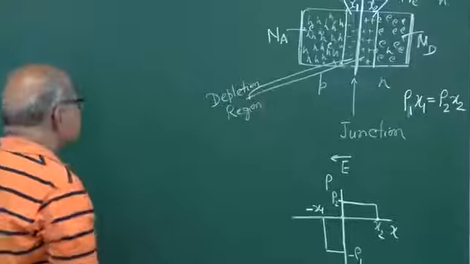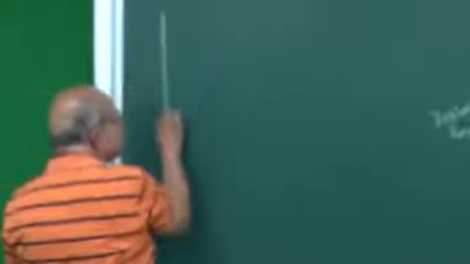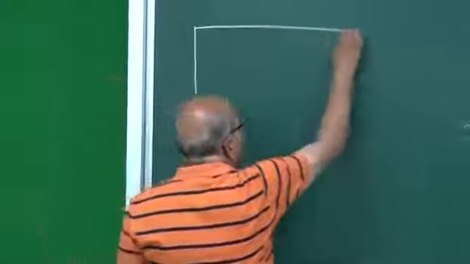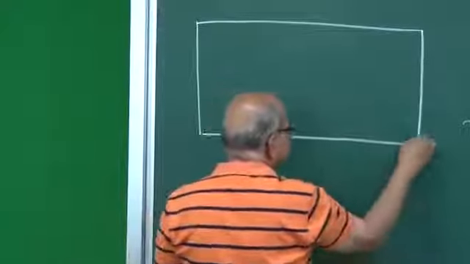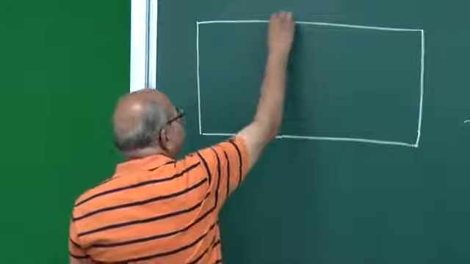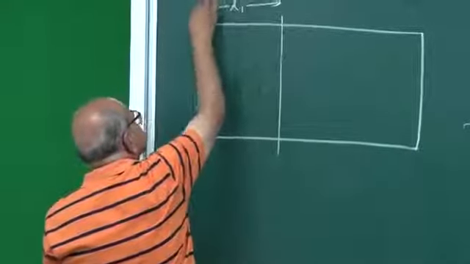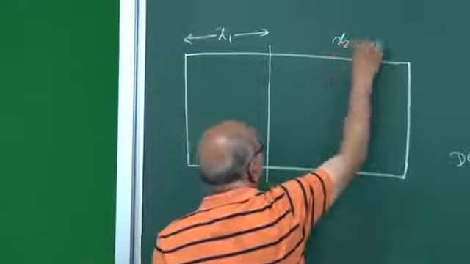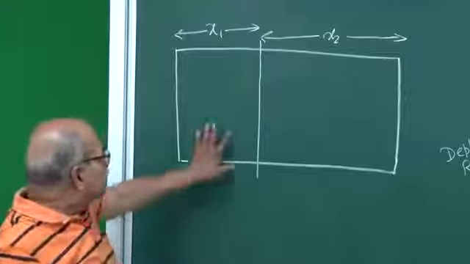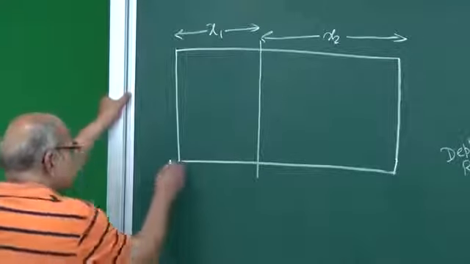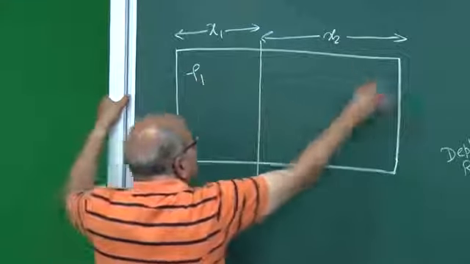So let me draw another diagram, and I am only showing you the depletion region. So this is x1 and this is x2, and this is the junction. So up to here you have that negative charge minus rho 1, and in this whole thing you have plus rho 2.